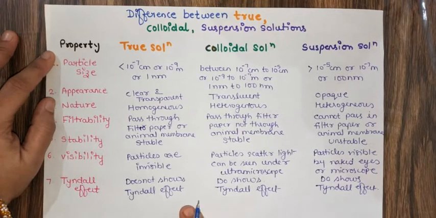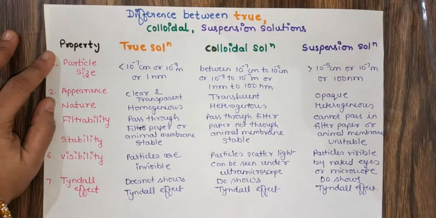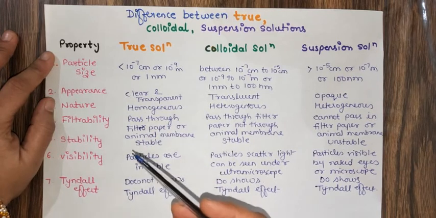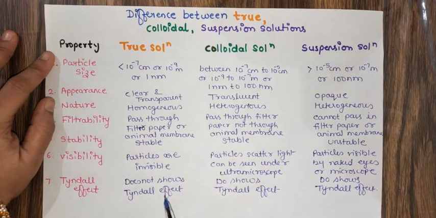As I have told you, the true solution does not show the Tyndall effect, because the particle size is very small and will not allow the light to scatter. That is why the Tyndall effect is not seen in a true solution, while it is seen in colloidal as well as suspension solutions.